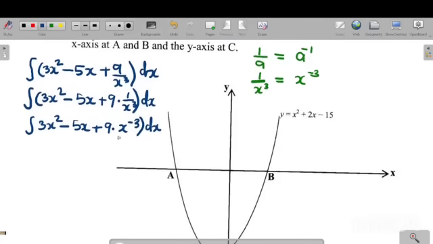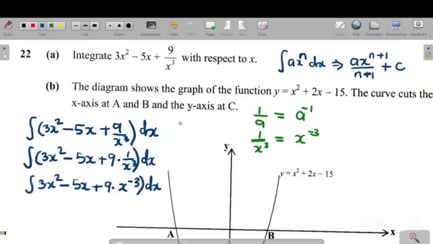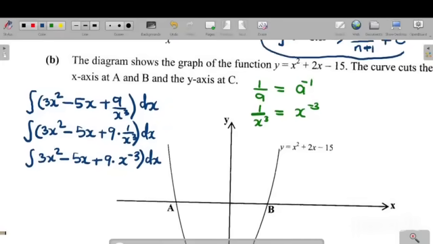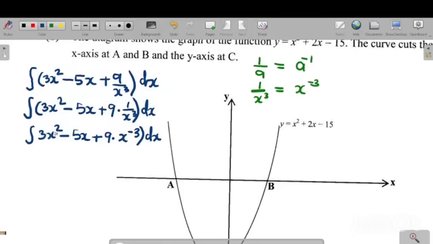All right, so now we can apply this. Let's apply that. To every power, we're going to add a 1 and then divide by the new power.